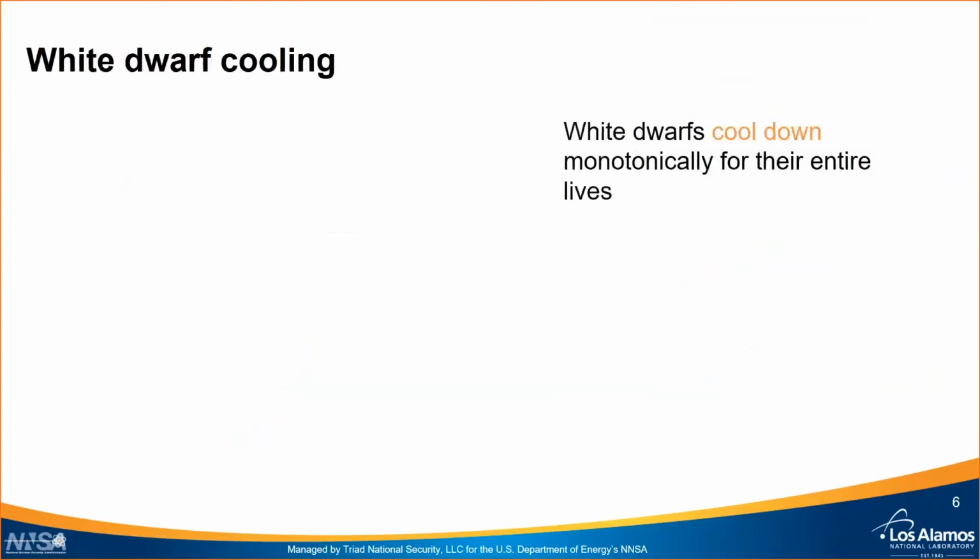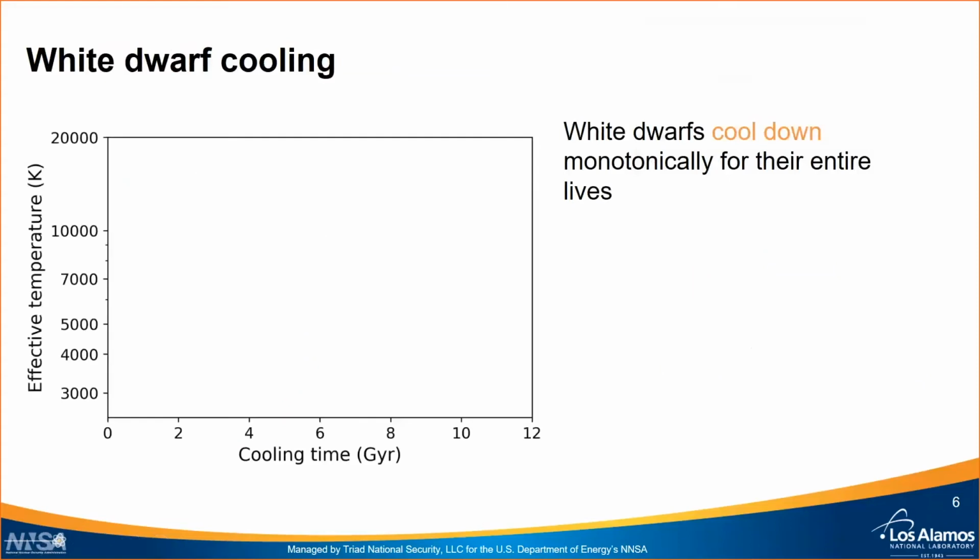Probably the most important property of white dwarfs is that, because those are objects that have already exhausted all their nuclear fuel, the only thing that they can do for the rest of their existence is to simply cool down in a monotonic fashion. Here I'm showing the surface temperature of a white dwarf as a function of its age. This may look like a quite boring evolution for a star, but this boring evolution actually has many advantages.